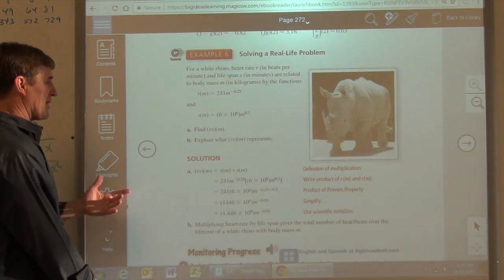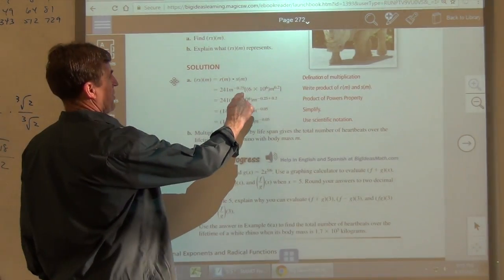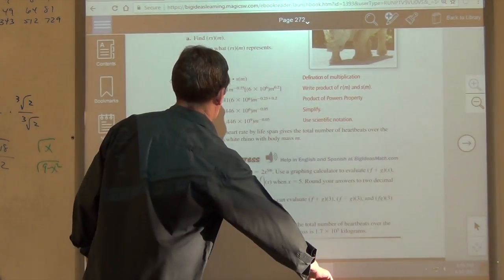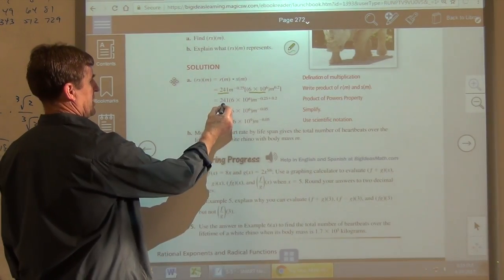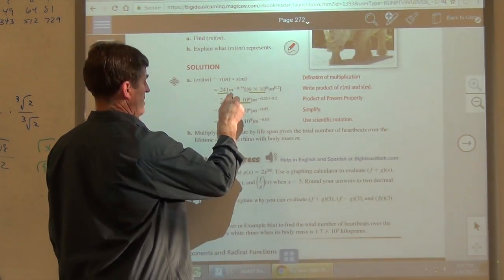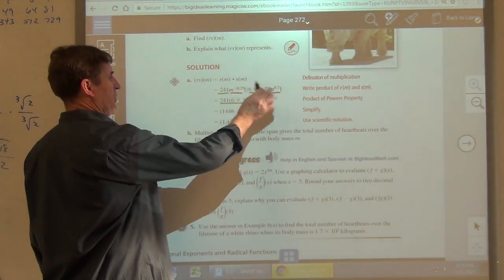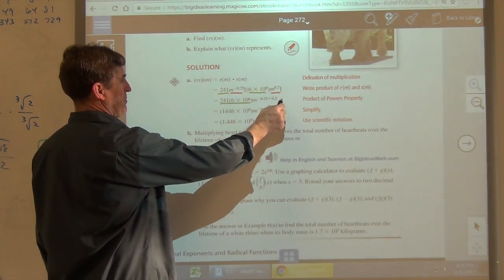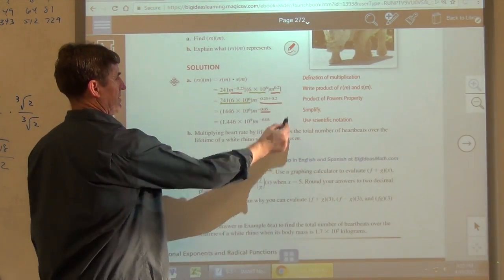So you just multiply the two together. So you can see here what they did was they just took this one and multiplied it by this one. So they multiplied the numbers together, the 241 times the 6 times 10 to the 6, that's there. Then they took the m's and multiplied the m's together, but when you multiply, remember you add powers, so they took negative 0.025 plus 0.2, and so they got negative 0.05.